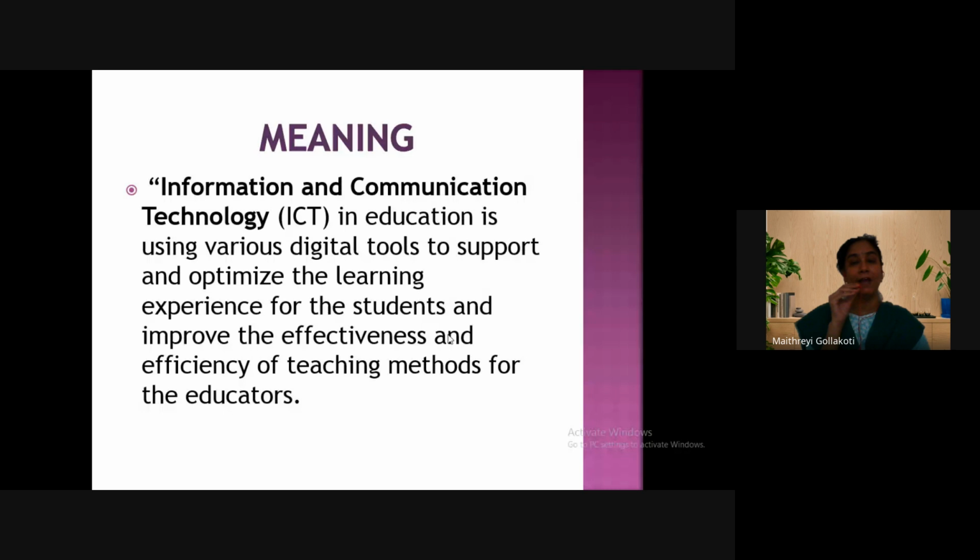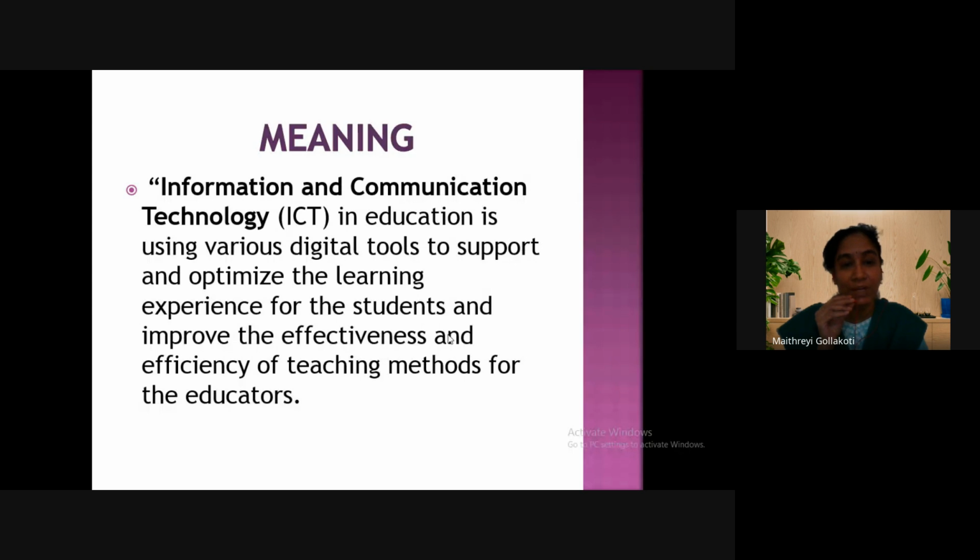For example, if I'm teaching biology or zoology, I draw something on blackboard and teach, isn't it? But in ICT tools, we can directly show the 3D image of that, so that the students can have a better experience of it, better understanding of it, and it will be easier for the teacher to show the model and teach, isn't it?